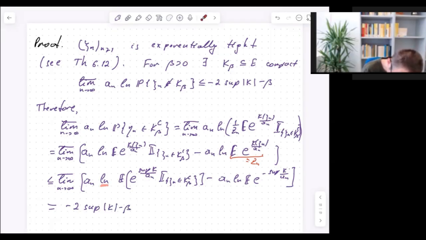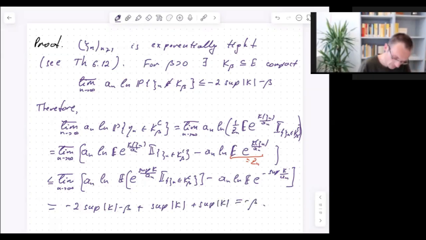Therefore, there will be an additional term, the logarithm of the exponent, which will be this term, supremum of the absolute value of k. For the last term, it will be plus supremum absolute value of k. So for this compact set K, this limit is less or equal than minus beta, and that is how you can prove the upper bound for the exponential tightness.